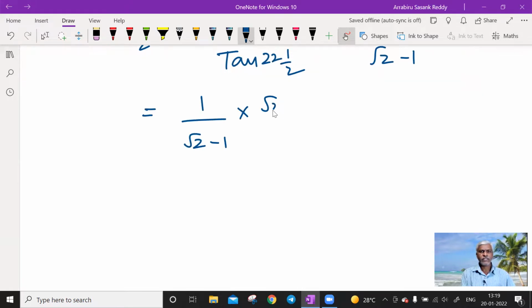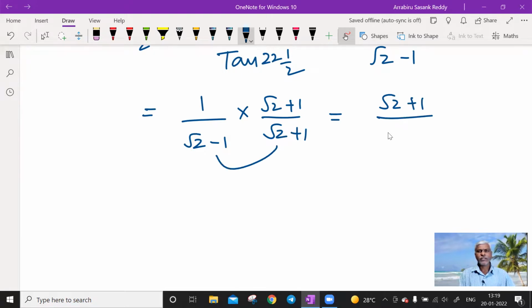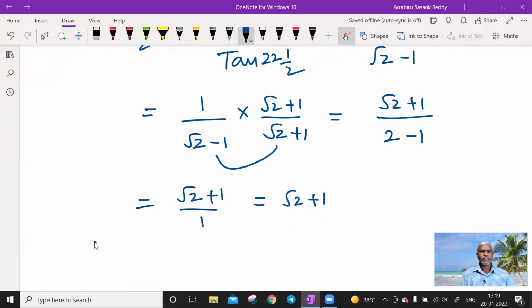If you rationalize it, root 2 plus 1 by root 2 plus 1, root 2 plus 1 by A plus B into A minus B, A square minus B square. Root 2 square is 2, 1 square is 1. That is equal to root 2 plus 1 by 1, that is equal to root 2 plus 1. Therefore, cot 22 and a half is equal to root 2 plus 1.